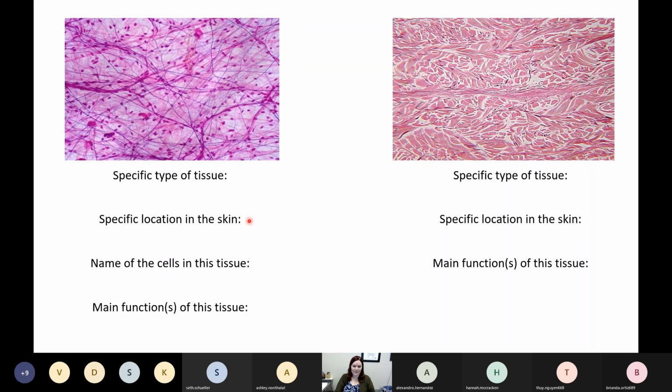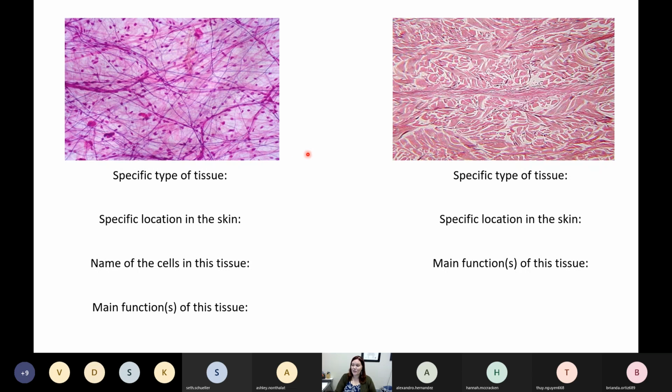Where do I find that one? Yeah, exactly. The up and down bumps in the skin, these are called the papillary layer of the dermis. So areolar loose connective tissue is what I find in the very top of the skin, going up and down, where the connective tissue meets the epithelial tissue on the outside.